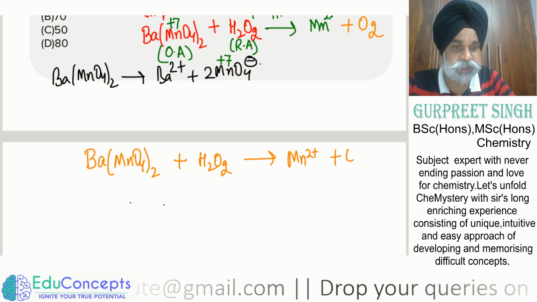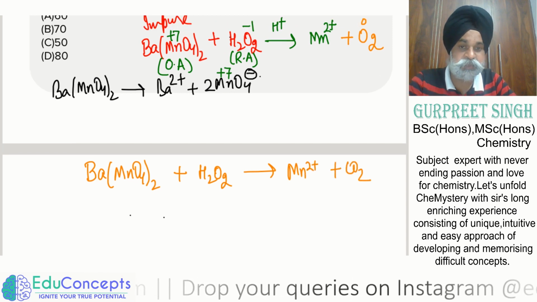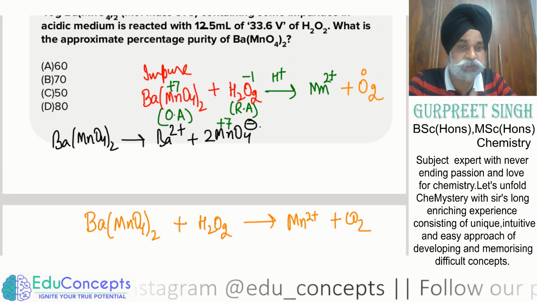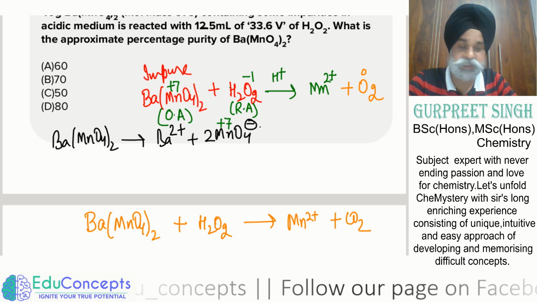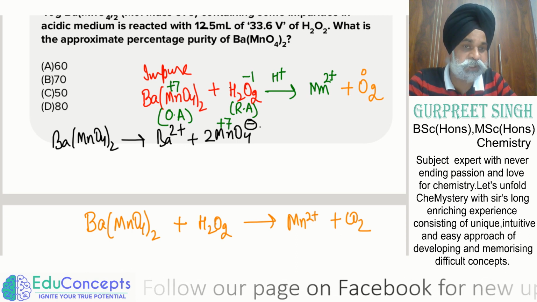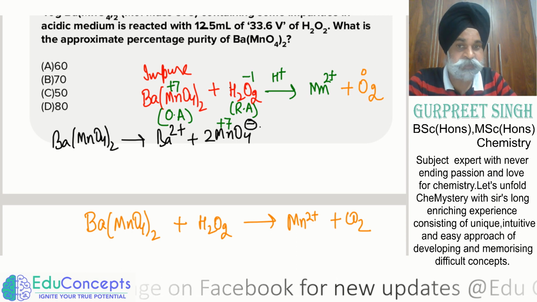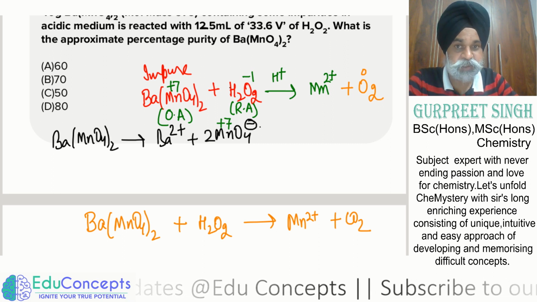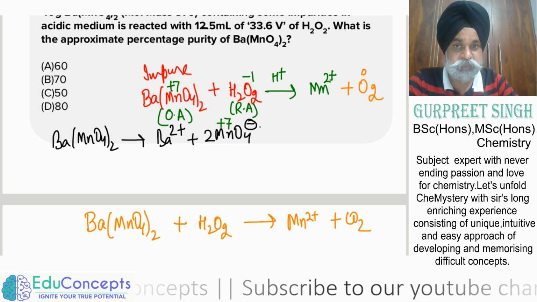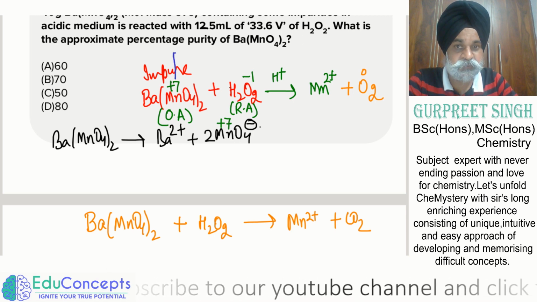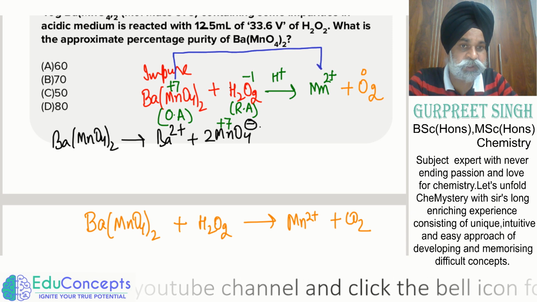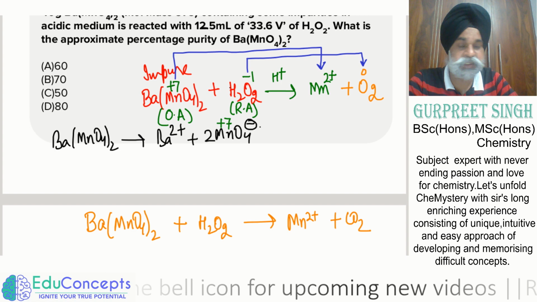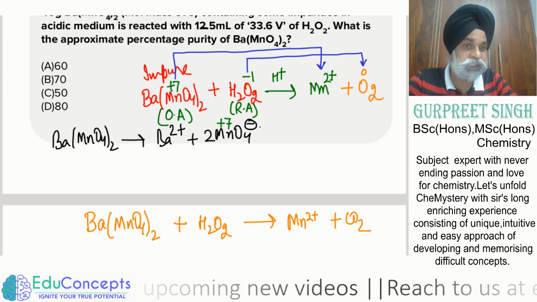In the mole concept, you have to balance it: write the oxidation reaction separately, write the reduction separately, balance in acidic medium, cross multiply, and you get the answer. The equivalent concept could be easily applied here, because it is a particular case where the whole of manganese is going to this one and the whole of oxygen is going to this side. So the equivalent concept could also be comfortably applied.